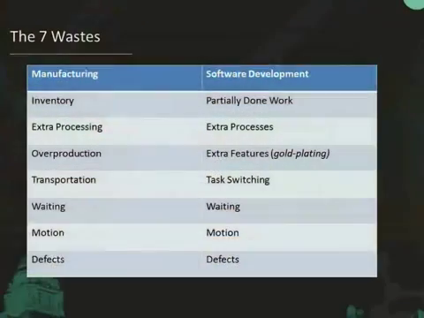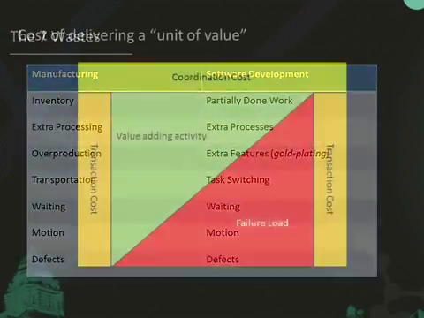Extra features, adding stuff that really isn't needed, but it's cool to do. Task switching, the multitasking, waiting for things, waiting for information. Motion, having to go to another building to see someone or moving around, these are all wastes. And then defects, the usual waste, it's rework. You want to avoid defects because it adds a lot of cost onto delivery.